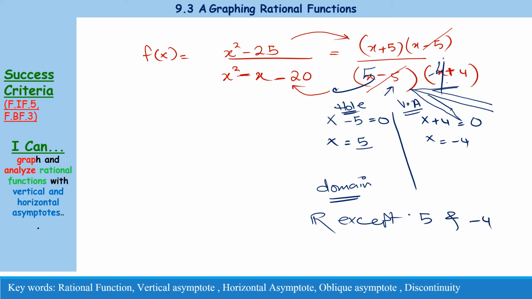At 5, we have the hole, and at negative 4, we have a vertical asymptote. So far we have studied how to find the vertical asymptote, how to determine the hole from the denominator, and how to write the domain. We only focused on the denominator part, not on the numerator.